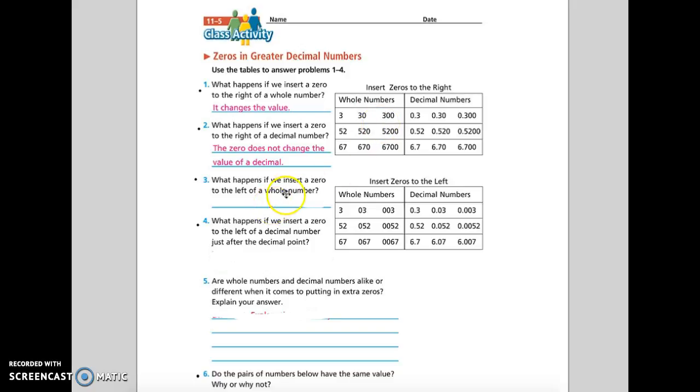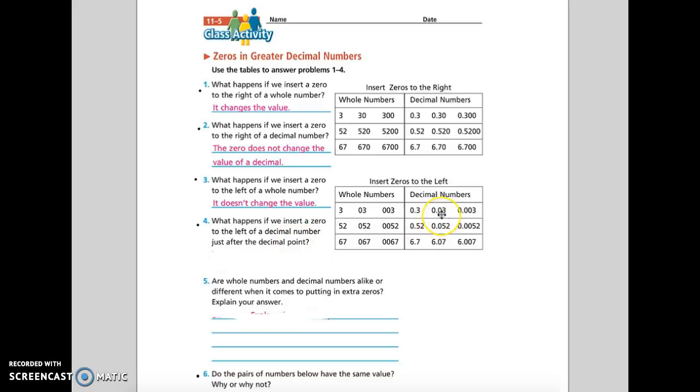Now, what happens if we insert a 0 to the left of a whole number? So I put a 0 to the left. I have 3 here. I still have 3. It didn't change at all, right? If I had 52, I still have 52. It looks different, but it didn't change the value of that number. But what happens if we insert a 0 to the left of a decimal number?